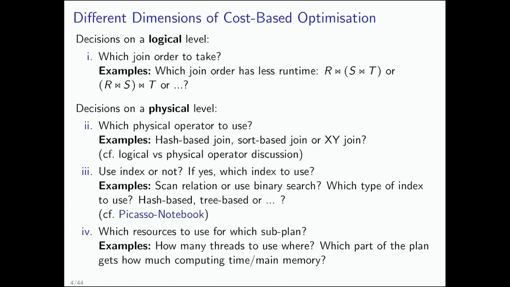If you have an index, it depends: if it's a hash index, it's kind of constant. If it's a sorted index like a B tree, binary search tree, or a simple binary search on an array, that's logarithmic cost and so forth. So you would say it's a trivial decision: if the index is there, I will use it.